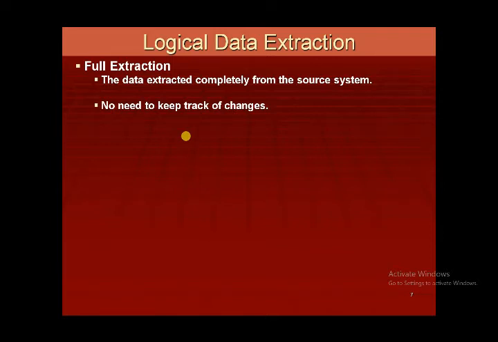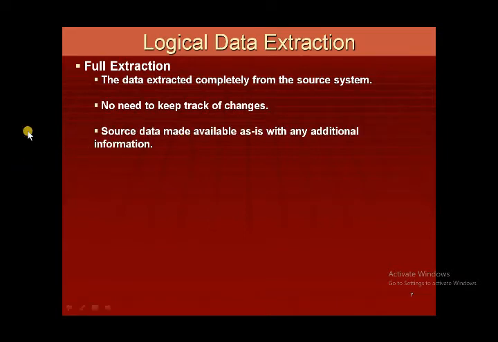We pick all the data from the source system, and we bring that data inside our data staging area. So again, source data is made available in the data staging area as it is inside the source system. So inside full extraction, we pick all the data from the source system and bring it inside the data staging area.